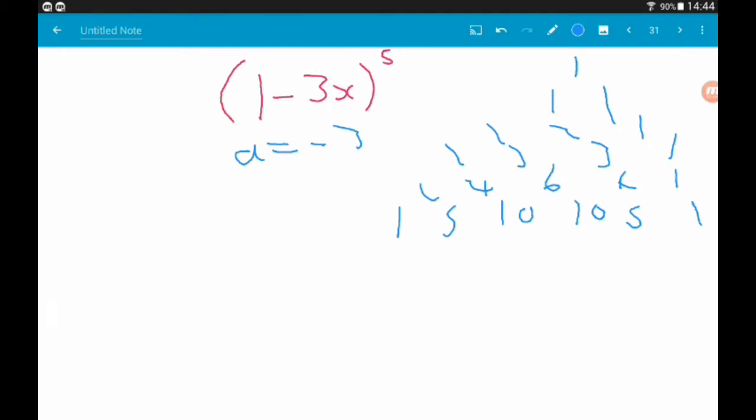So now we're going to use the formula with a equals minus 3.